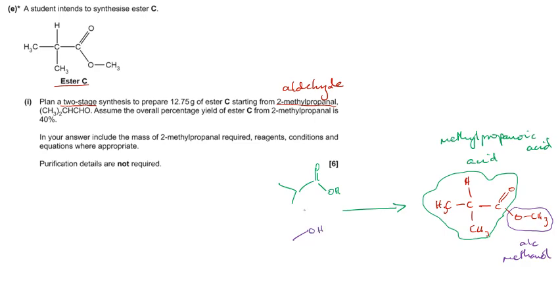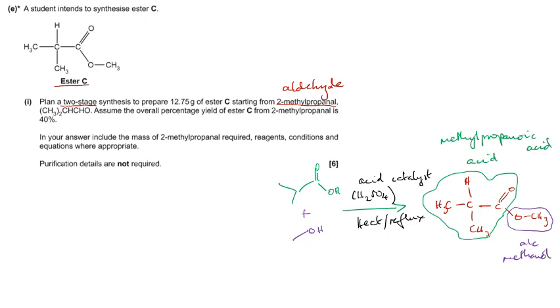We're going to react them together, and under what conditions? Well, we need an acid catalyst, don't we? Usually here sulfuric acid, and we need heat, usually provided by reflux.